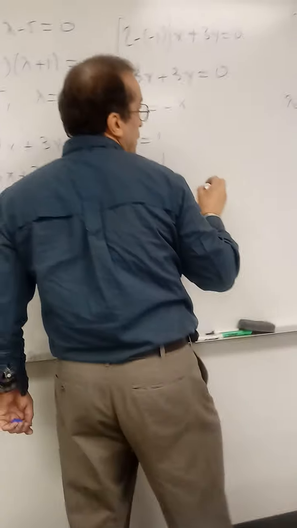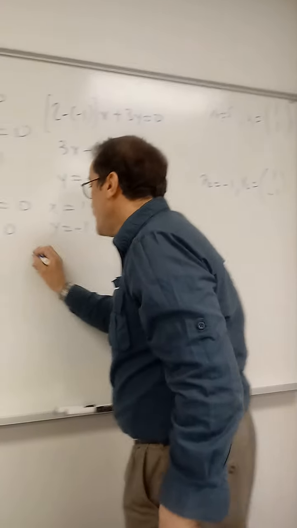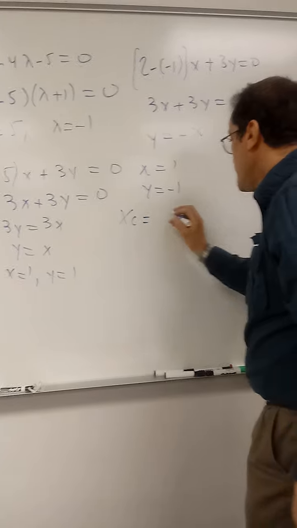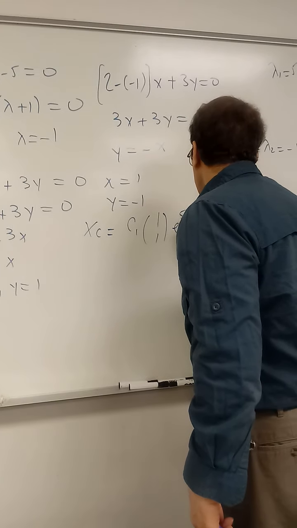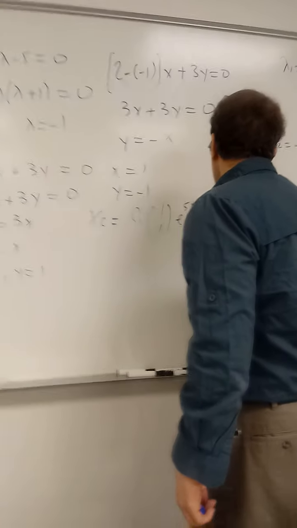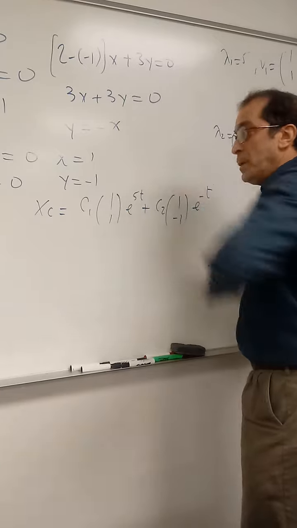Pick x equals 1, y equals negative 1. That's the eigenvector. So xc is going to be c1 times (1, 1) e to the 5t plus c2 times (1, negative 1) e to the minus t. This is the complementary function.